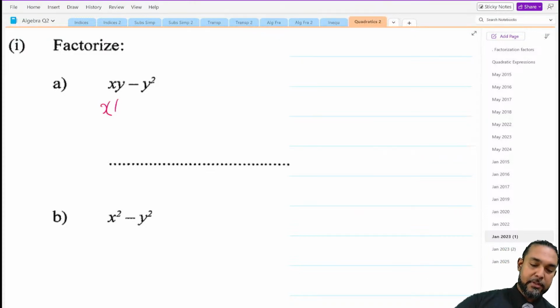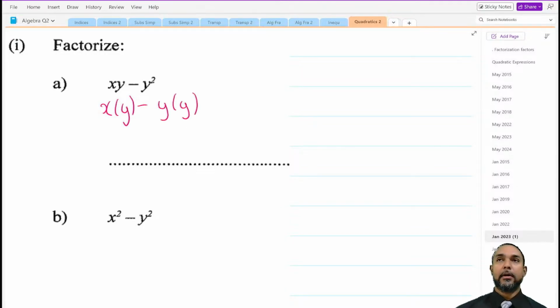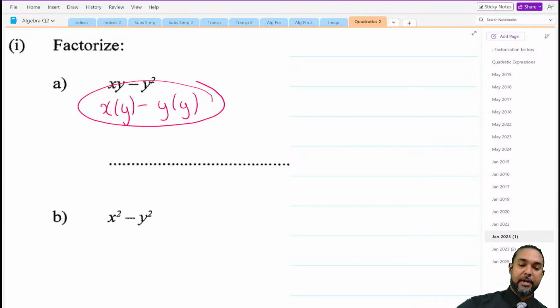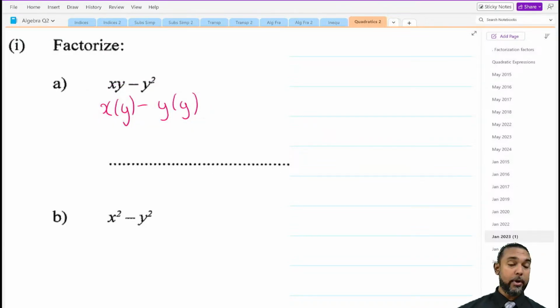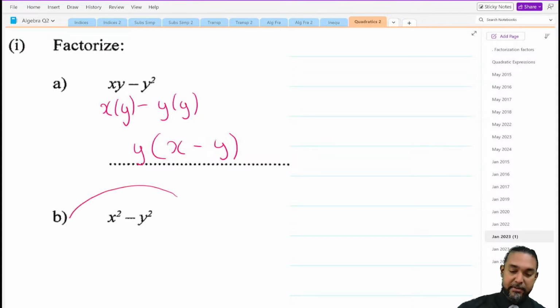So we have x multiplied by y minus y squared, which is y multiplied by y, right? Between these two terms, are there any common factors? Y. So if you pull out the y, what goes in the bracket? X minus y. Cool. Now, I want you all to factorize this one for me. That should be a relatively easy one to factorize.